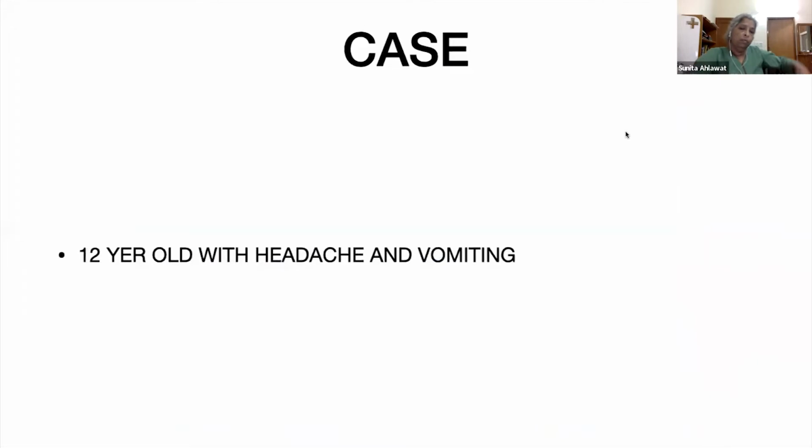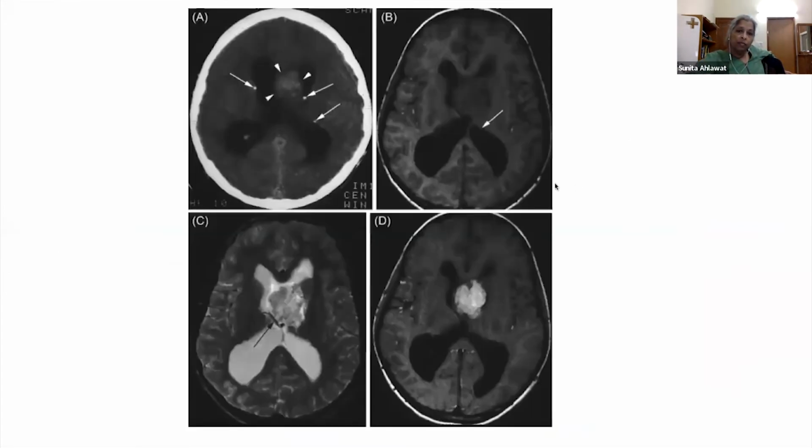Coming to the next case, this was a 12-year-old with headache and vomiting. So this is his radiology. You can see there is a tumor in the lateral ventricle.